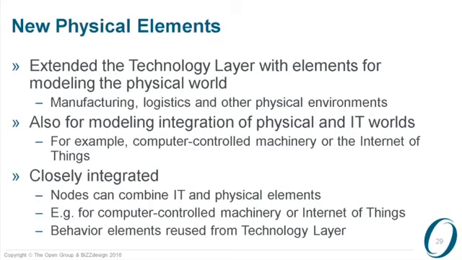But we also added concepts that extend node, like the existing concept device, which is a specialization of node, but we will have a concept called equipment for physical equipment in the same way that we have device for IT equipment. And they both are extensions of nodes, so you can easily create combined nodes that consist of both IT and physical elements, and in that way express things like computer-controlled machinery, Internet of Things, etc.